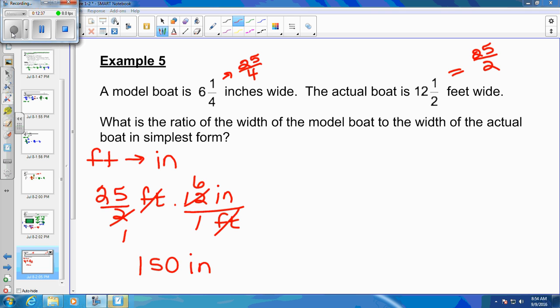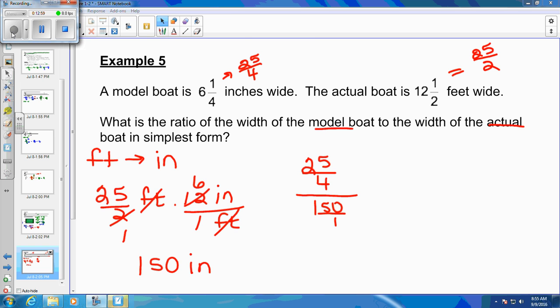And now I can set it up. I want to go with the model to the actual. The model is 25/4. The actual is 150. The LCD is 4.